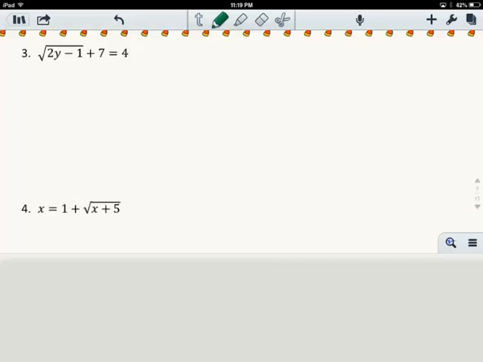Alright, so let's see how far you got. First thing you should have done is try and isolate that radical there by subtracting 7. You'll end up with the square root of 2y minus 1 equals 4 minus 7, which is negative 3.